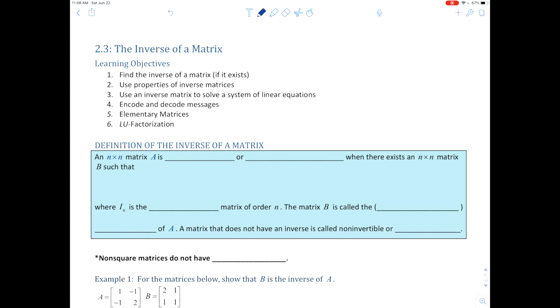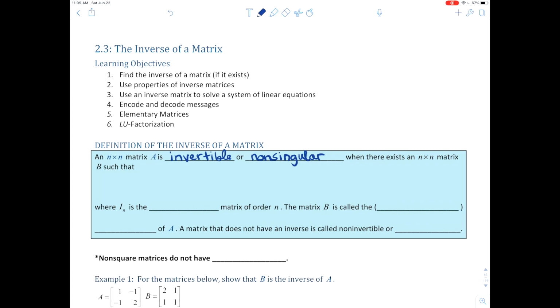Definition of the inverse of a matrix. An n by n matrix A is invertible or non-singular. You need to know these words.